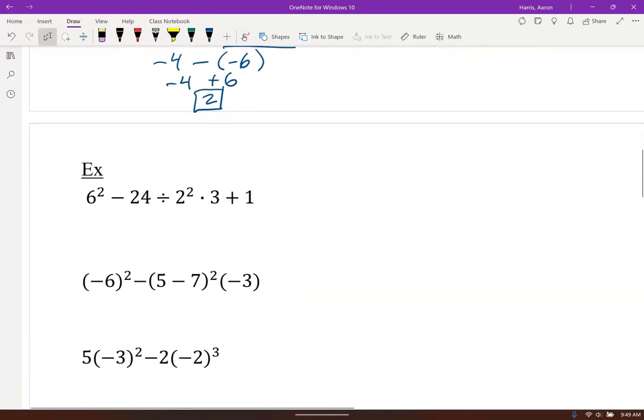Let's keep going here. No parentheses. Let's go to the exponents. So 6 squared, I got 36. 2 squared, I got 4. So now I've done my exponents. Now I'm going to do multiplication, division, same time, left to right.